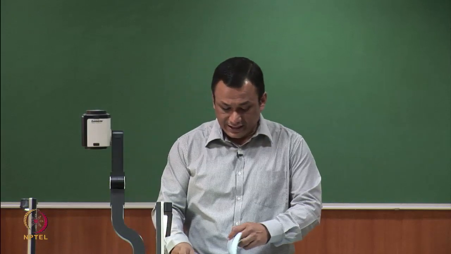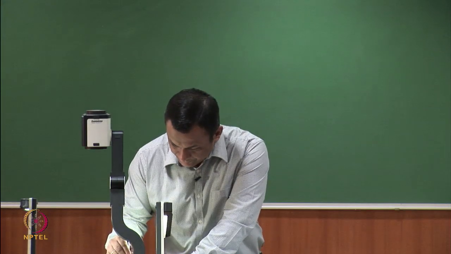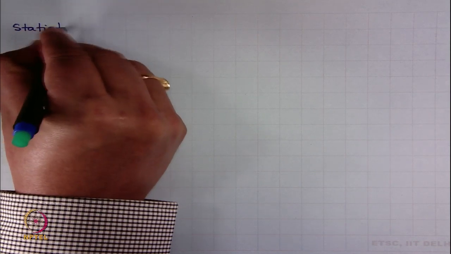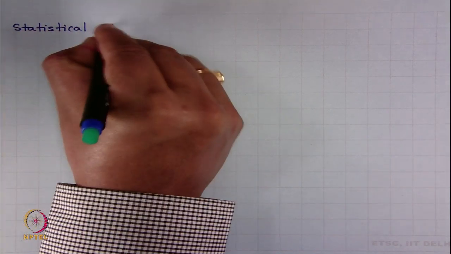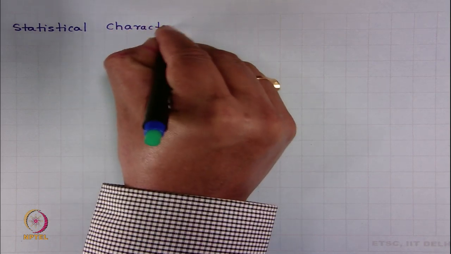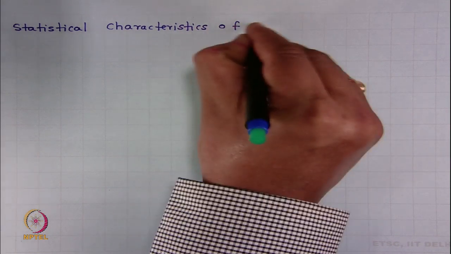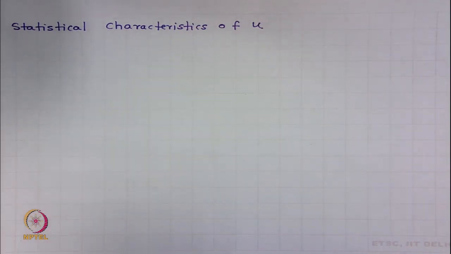So, that statistical characteristics we will now discuss. Statistical characteristics are often talked about in two aspects, non-central moments and central moments.